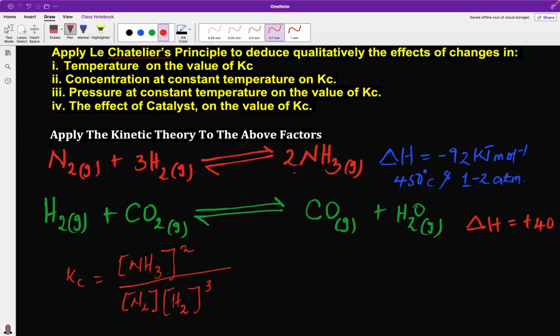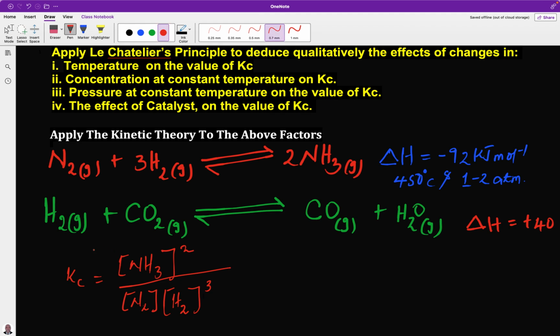Gas pressure has to do with volume, more frequent collision and successful collision, the number of gaseous particles, and the rate of collision.